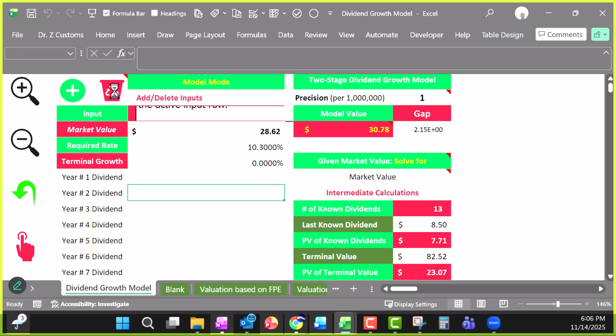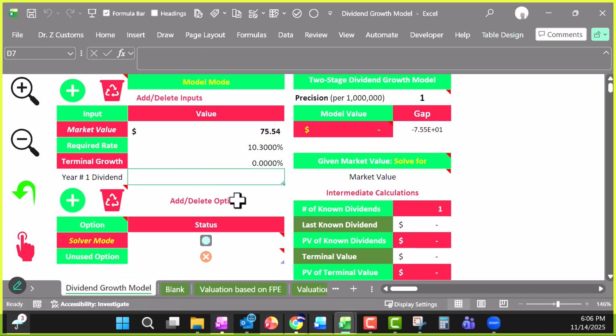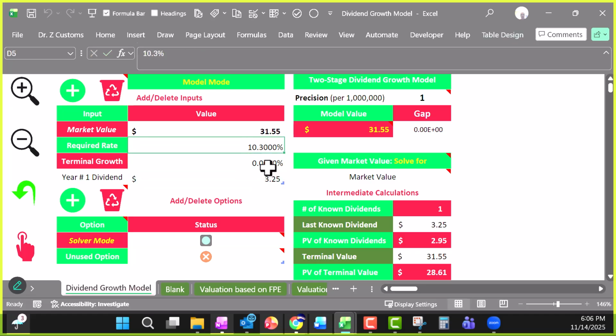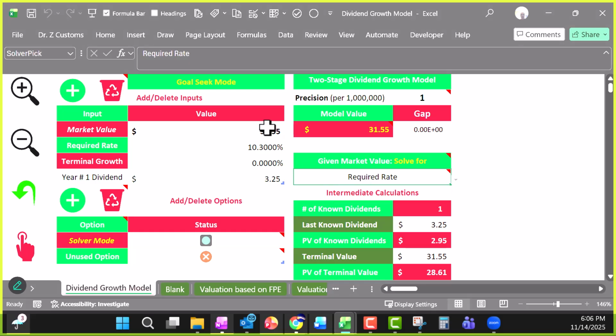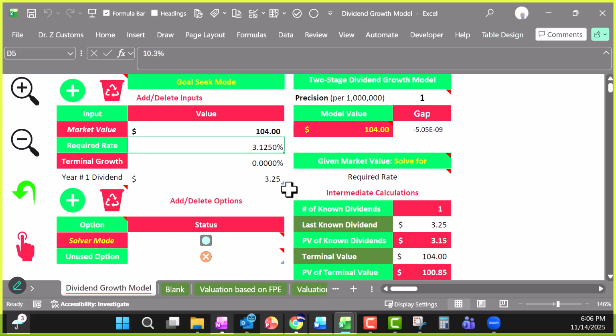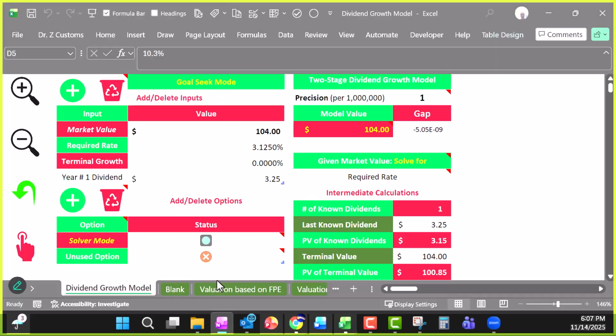Use this trash button. So in this case, I have 325. Terminal goal to 0, but I'm looking for the required rate of return. And that's 104, which is obviously exactly the same thing that we found. This is rounded up. That's why I like doing it in Excel.